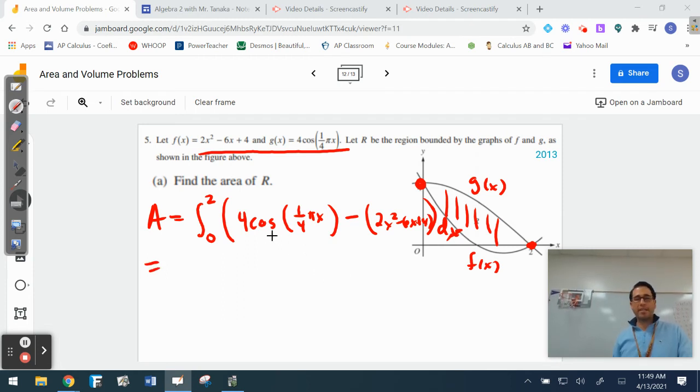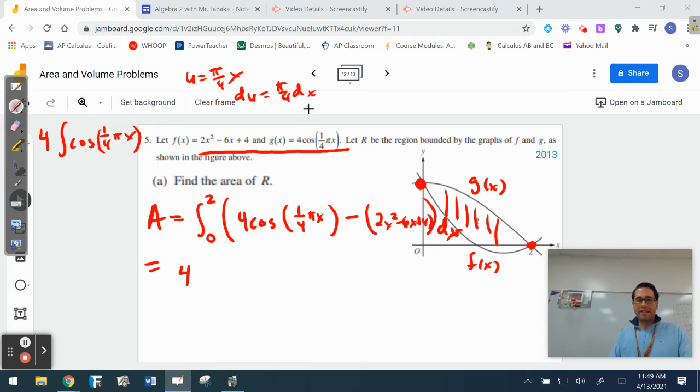All right, let's do some antiderivatives. I would bring the 4 on the outside, right? So it'd be 4 integral cosine. I got to do this antiderivative. Remember, we've already talked about this. This would be like a u sub, where your u would be pi over 4 x, which means my du would be pi over 4 dx, which means dx is equal to 4 over pi du.